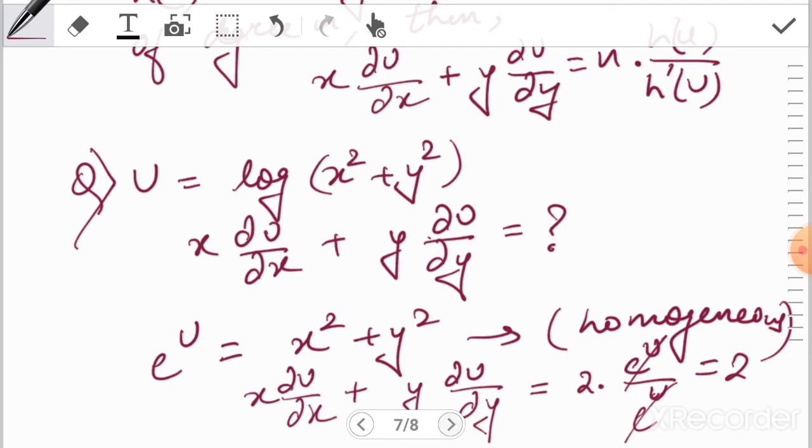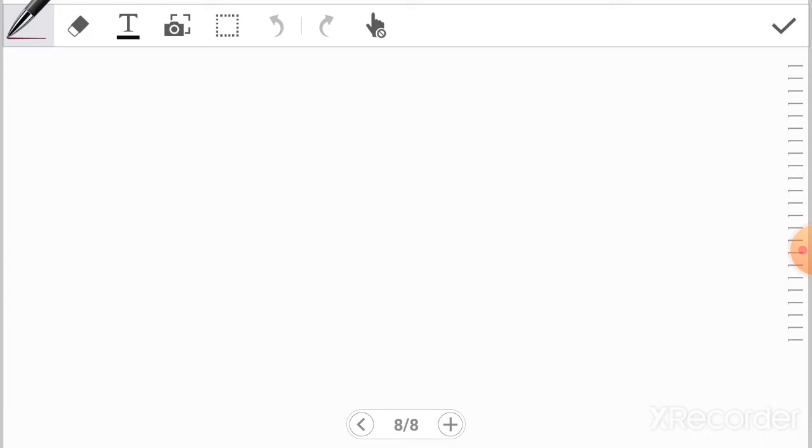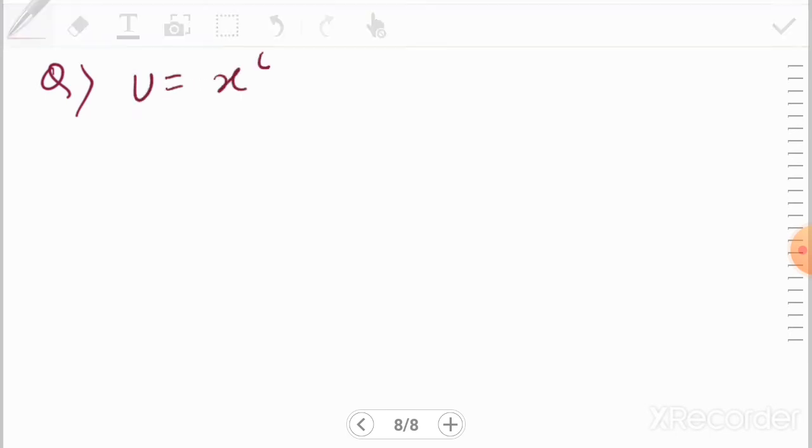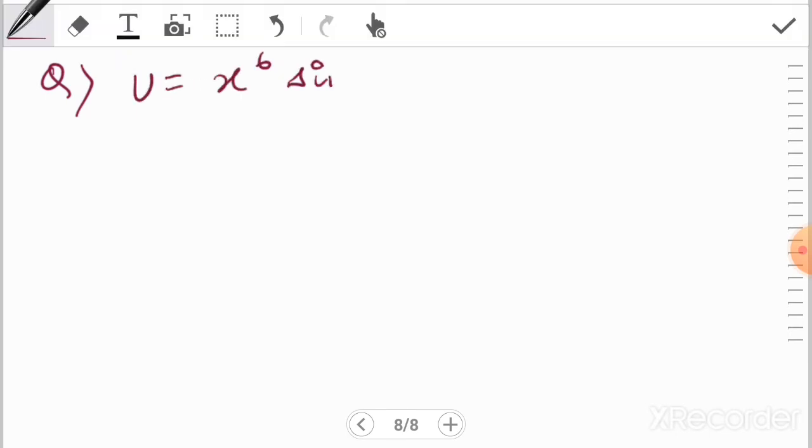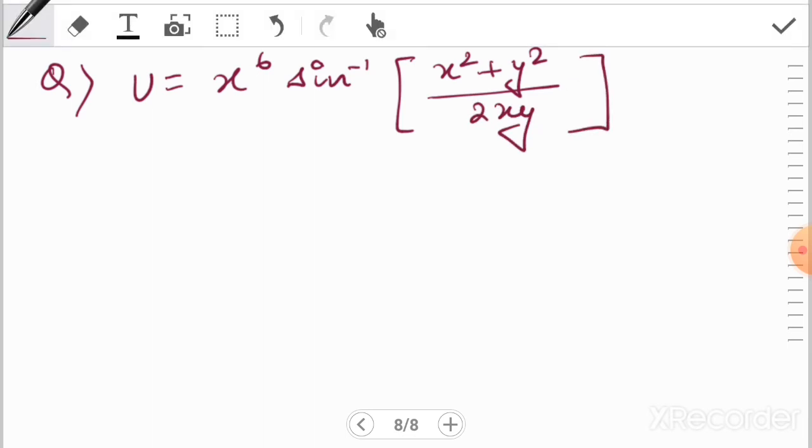Similarly, say you have u as x raised to the power 6 sine inverse of x square plus y square by 2xy.